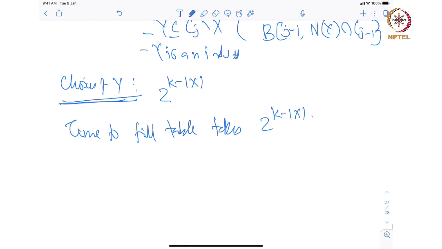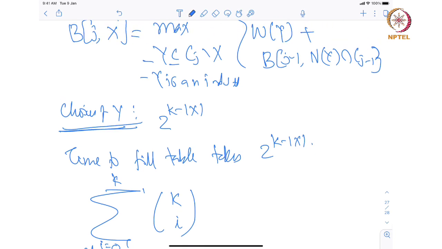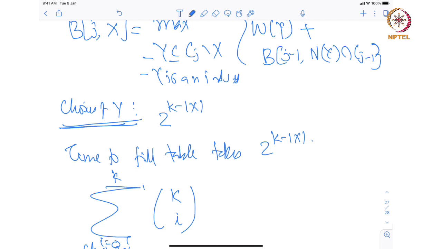So, how much overall time does it take to fill? It is a summation over choices of x, which is k choose i, i going from 0 to k, and for each of them I am going to do 2 to the power k minus i.